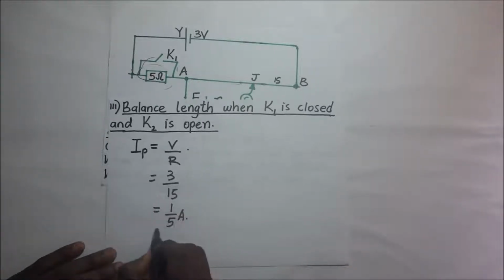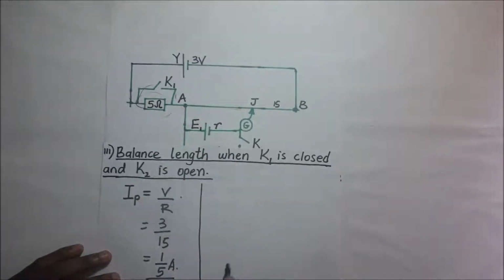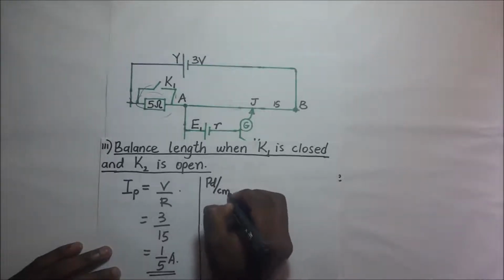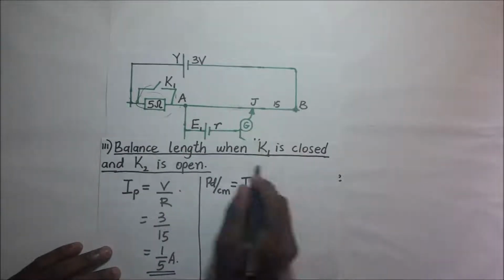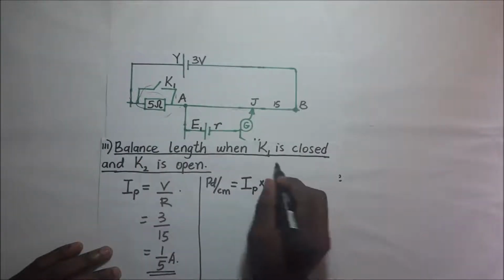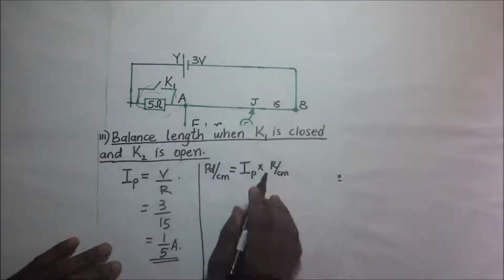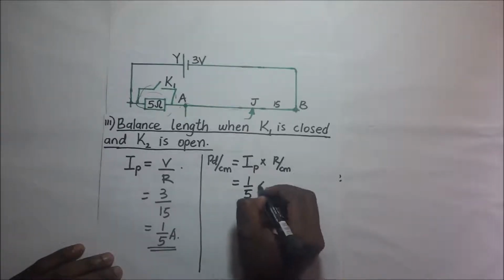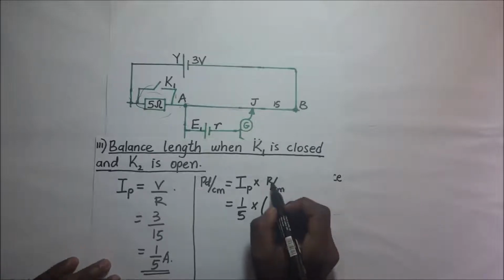Now that we have the amount of current going through that, our new PD per unit length, PD per centimeter, is the current I going through that wire, which happens to be our primary current, multiplied by the resistance per centimeter of that wire. So this is going to be our new current, which is 1/5, multiplied by the resistance per centimeter.